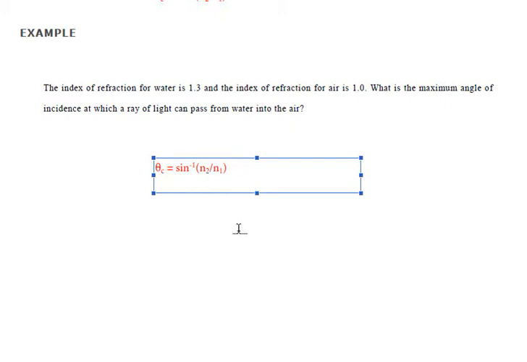Theta c is equal to inverse sine of n2, the medium it's trying to enter, so air, divided by the medium it's coming from, which is water, so 1.3.